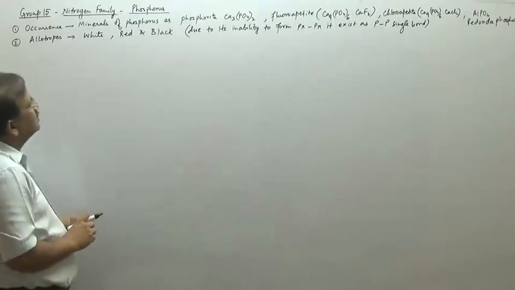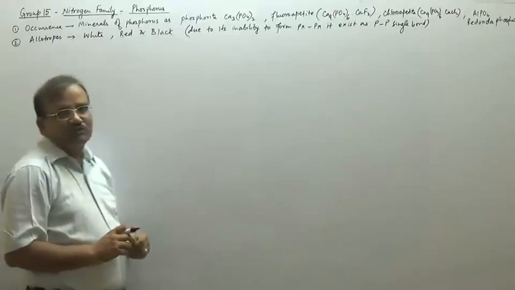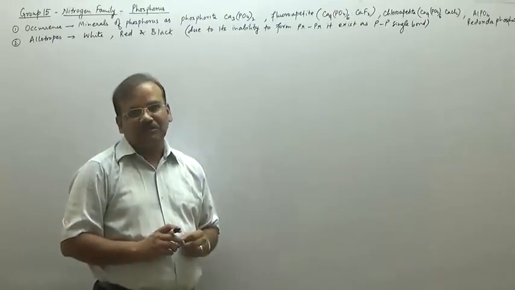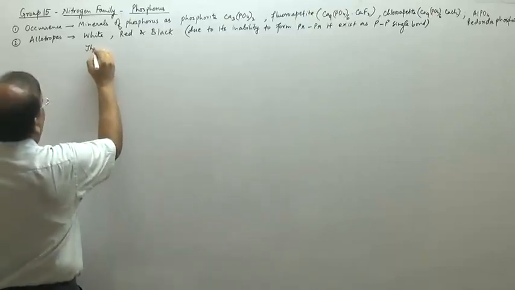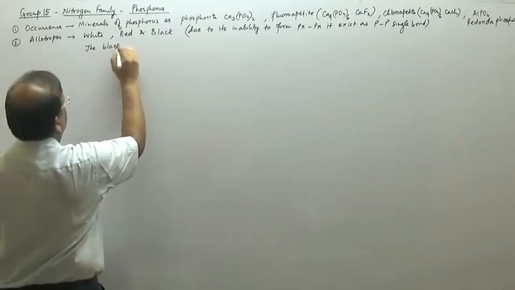We can write that the allotropes mainly red and white phosphorus exist in nature, but black phosphorus is thermodynamically the most stable.